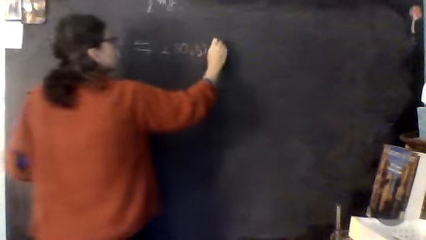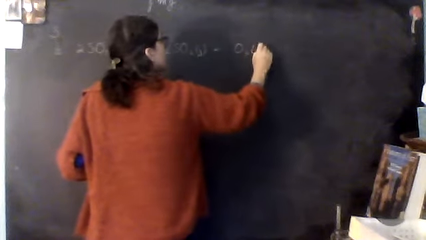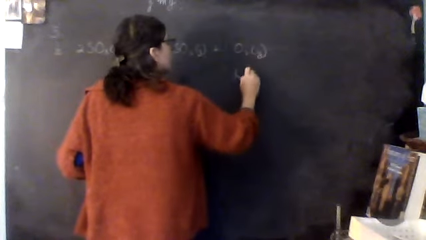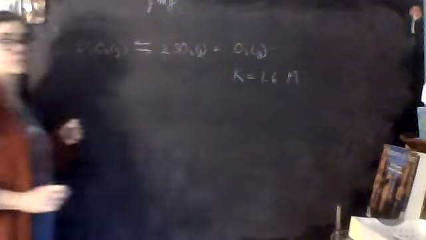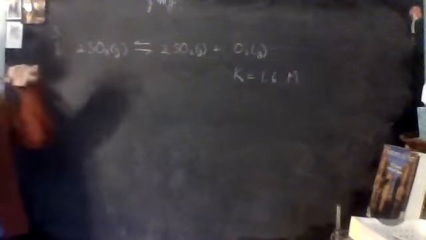2 SO3 gas is in equilibrium with 2 SO2 gas plus O2 gas, and K is 1.6 molarities. Is that a big K? It is close to unity.